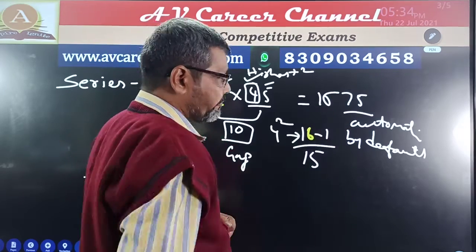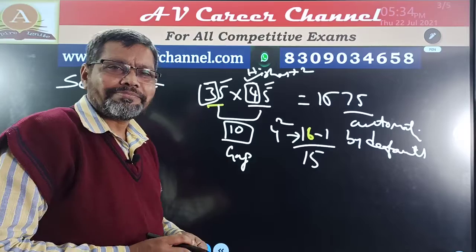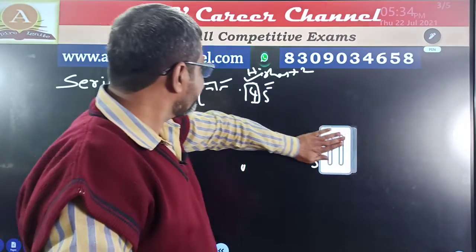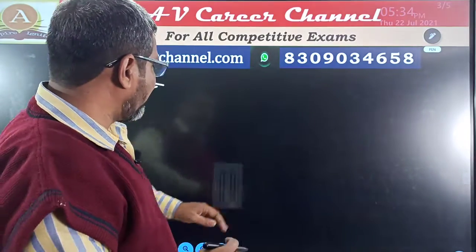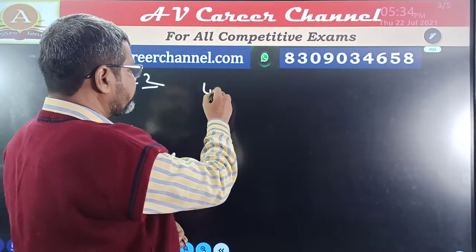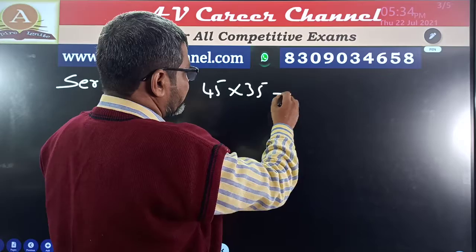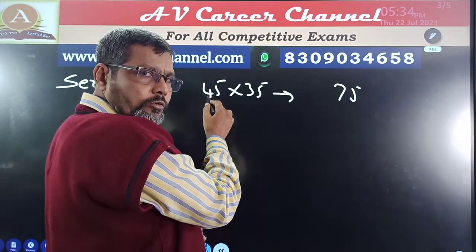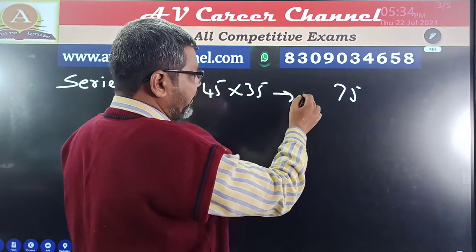So 1575. That's it. I am just putting it by way of reference: 75 common, 4 square, 16 minus 1.